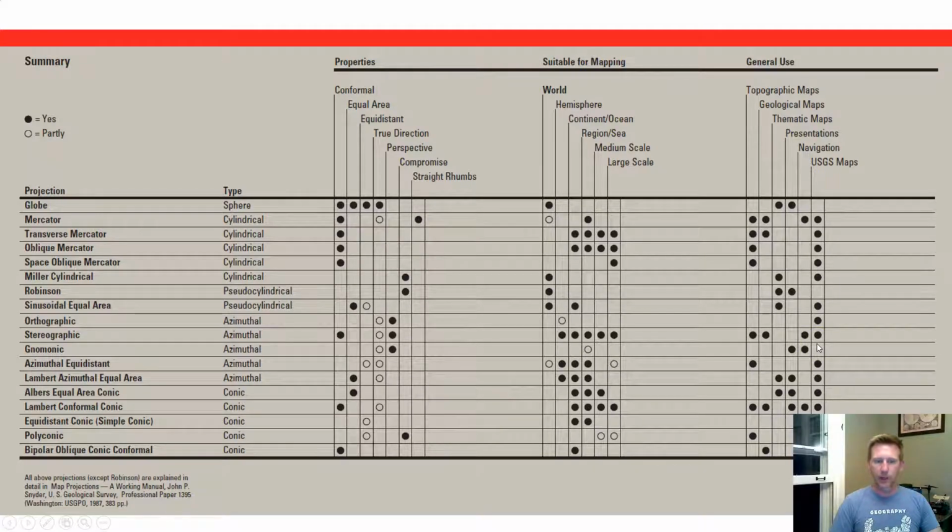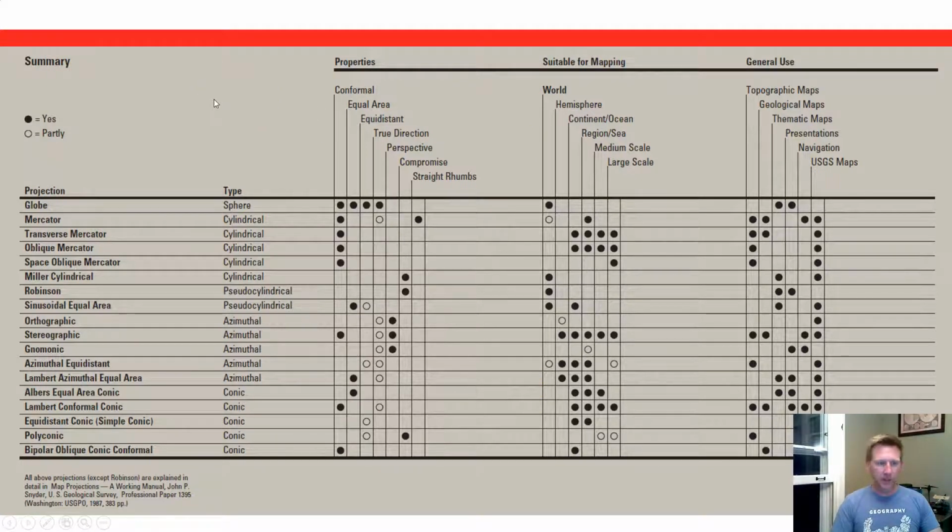So as you're learning how to decide which projections are good for a particular purpose, we've got all of this nice list of projections here. We've got properties of these, whether or not they're suitable for mapping, and what general usage they're for. So very nice summary of how you should use these.